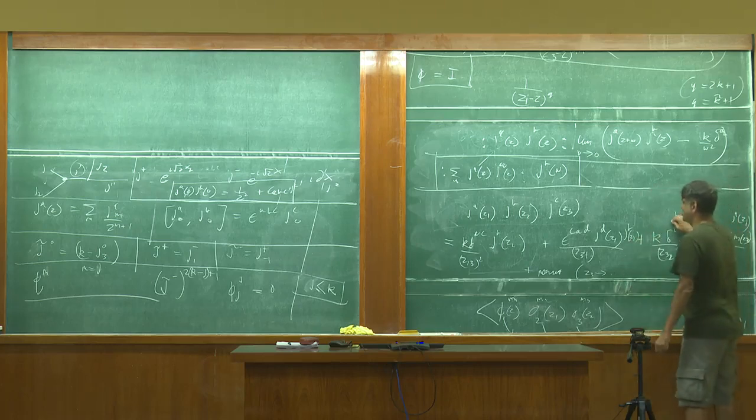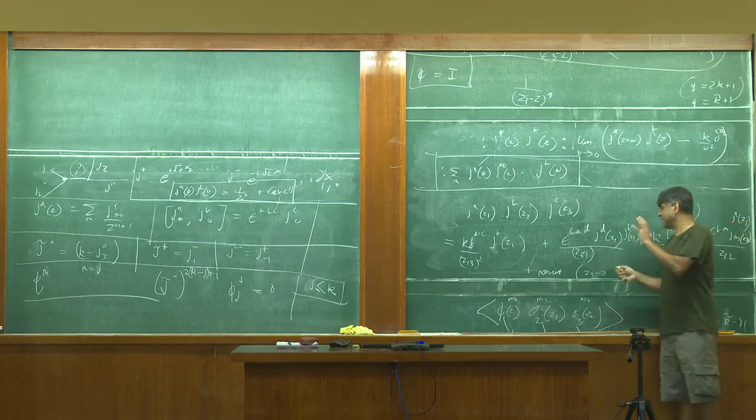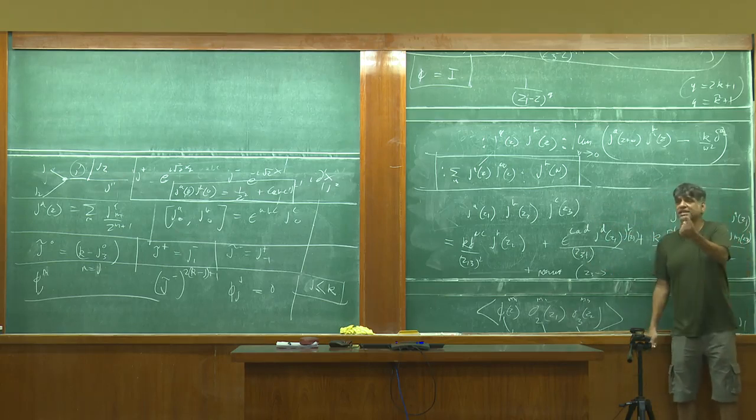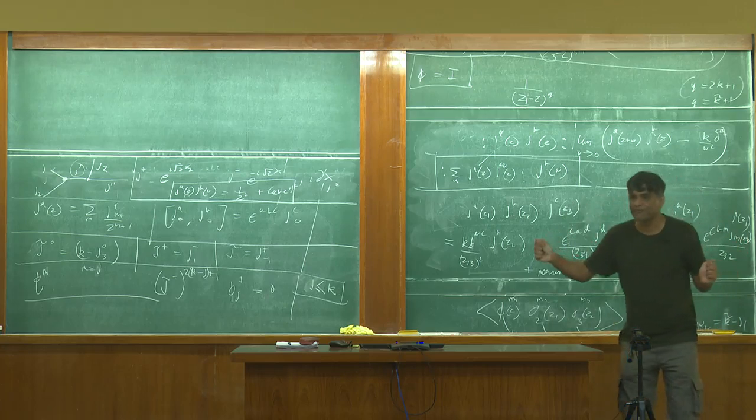Yes, and this had JAZ1. I'm sorry, I missed it. I now take the limit, because every other term, whatever it is, is not singular as 3 goes to either 1 or 2. These are the only terms I've got to keep track of.